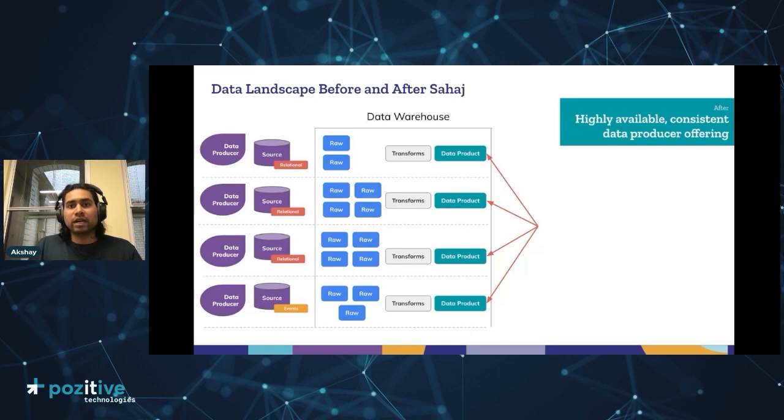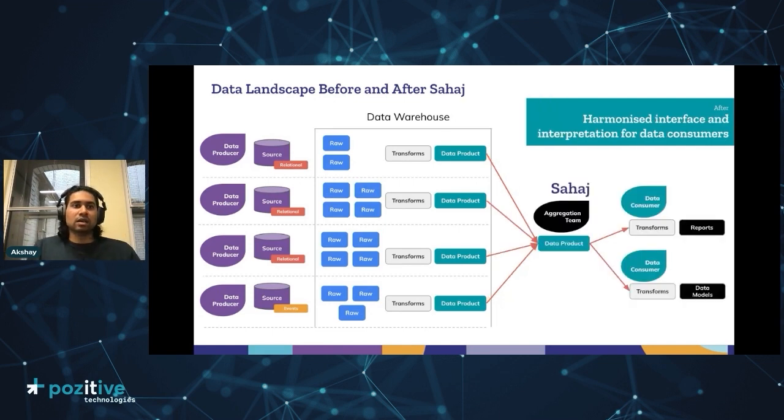So we identified the data owners and started working with them to produce some sort of consistent data products or data sets in the warehouse itself, and making sure that they would start making these data sets available to us at a frequency that would make sense for all of the people who were consuming these data sets.